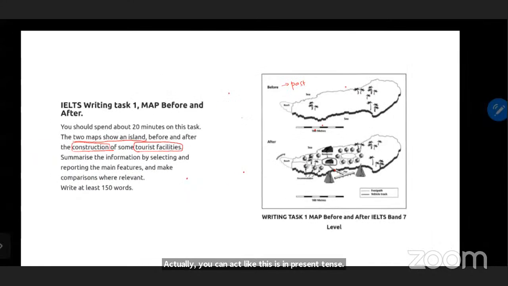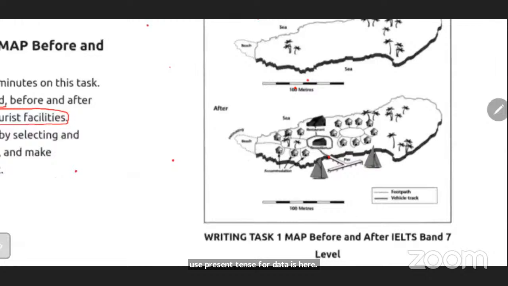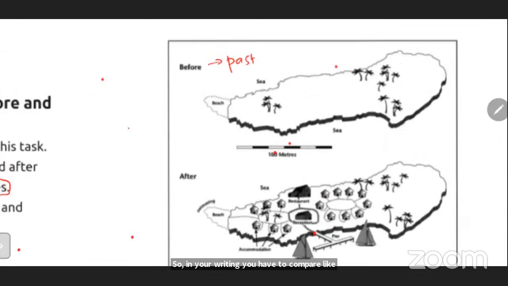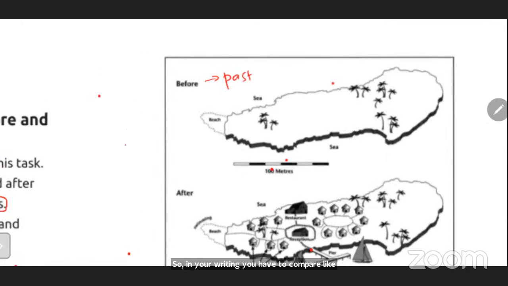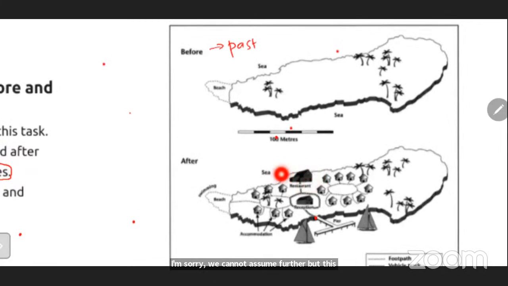But make sure that you are consistent with your choice, okay? When you talk about past for this picture, always talk with past tense for this one. And if you use present tense for this picture, always use present tense for the data here. So in your writing, you have to compare, for example, I'm sorry, we cannot zoom further, but this one, this is a restaurant.